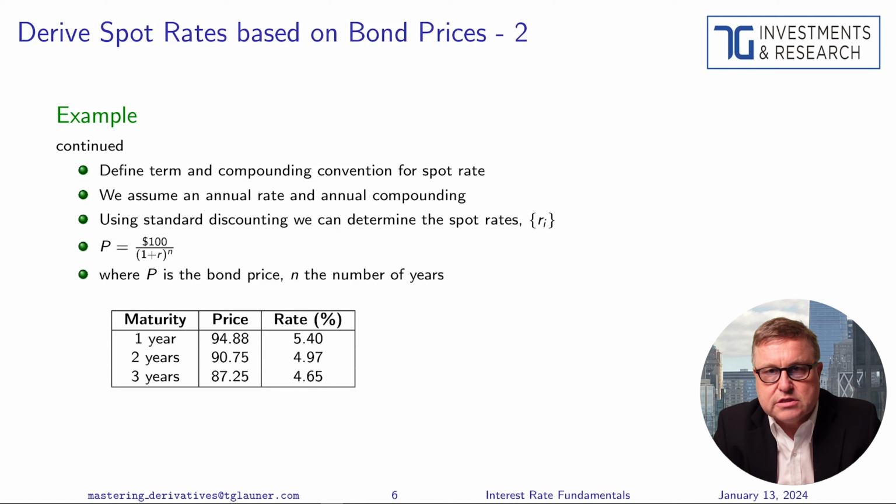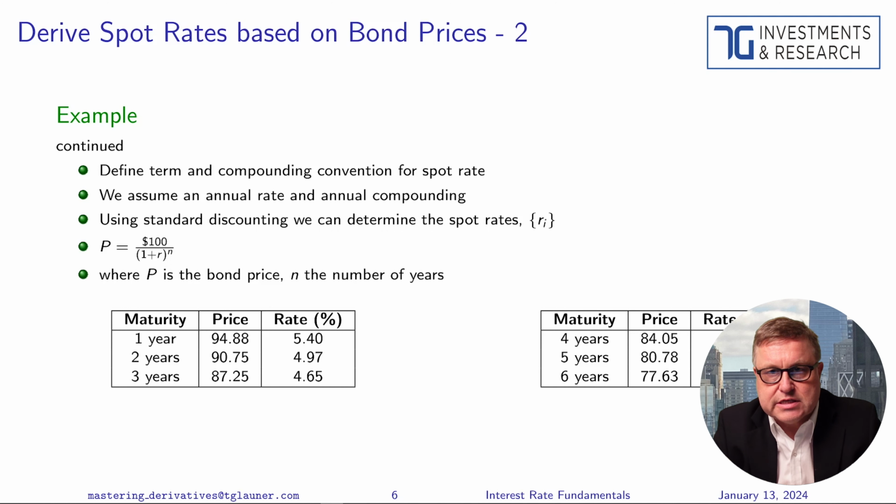Continuing this process through 4, 5, and 6-year bonds reveals that due to market pricing, for instance, selling at $77.64, the implied 6-year rate stands at 4.31%. All these calculated rates share common conventions. They represent an annual rate with annual compounding.